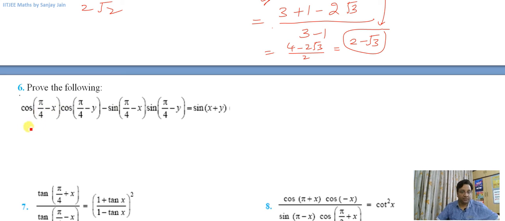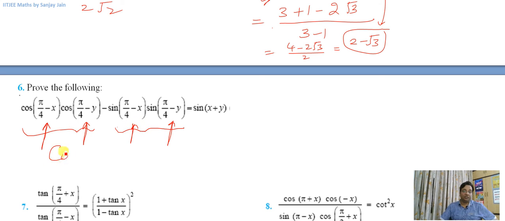Okay, if you look at this pattern, this is cos A cos B minus sin A sin B, right? You need to take care of these angles. If this angle is here, this same angle is here. This angle is here, the same angle is here. Cos A cos B minus sin A sin B. What is this?